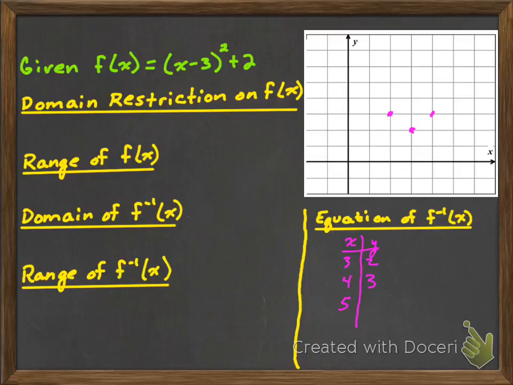All right, let's go with 5. 5 minus 3 is 2, squared is 4, plus 2 is 6. So 5, 6 would be here, and its symmetric point would be up here. All right, so if we sketch our parabola now, it looks something like this.